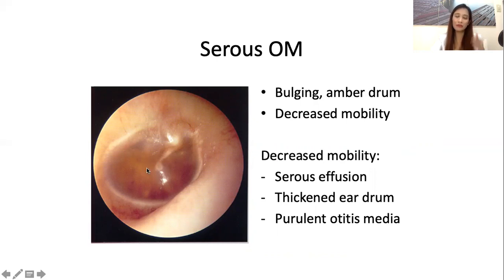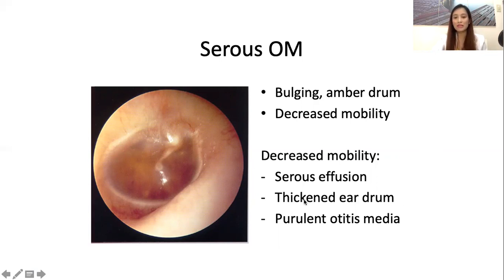So usually, if you use a pneumatic otoscope, there would be decreased mobility of your tympanic membrane. Other conditions that can cause decreased mobility of your tympanic membrane, aside from a serous effusion, just like here, you can have a thickened eardrum.